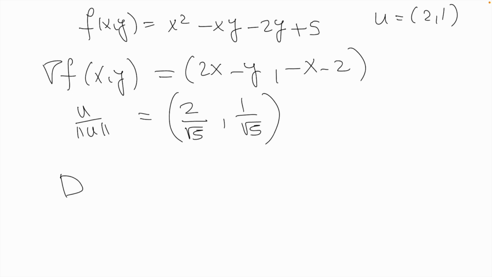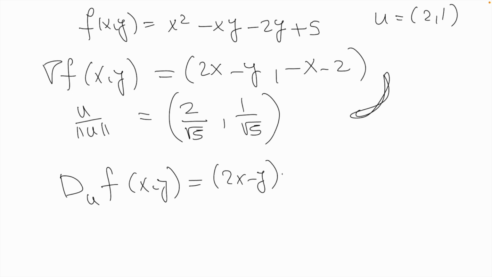So the directional derivative of the function at (x, y) is the dot product of these two vectors, which means 2x minus y times this, plus minus x minus 2 times the other. This is exactly the formula that we have seen before.